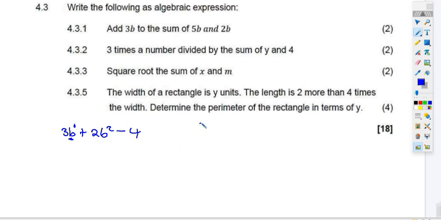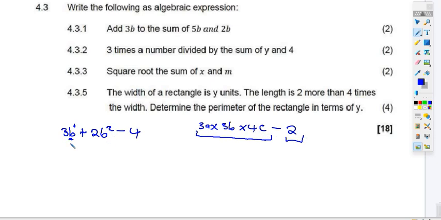So if we have 3a times 3b times 4c minus 2, this expression here, it has only 2 terms. This is the first term and this is the second term, because terms can only be separated by addition or subtraction. Multiplication or division does not separate terms. So this whole thing is one term, this whole thing is one term.